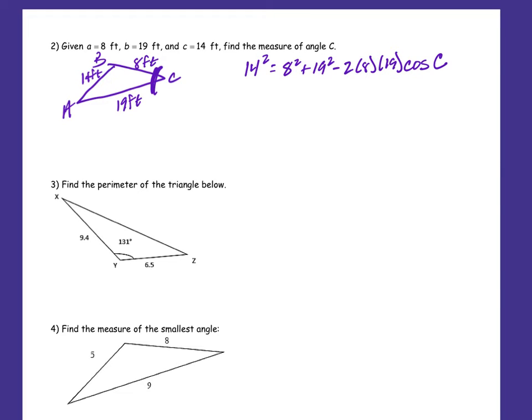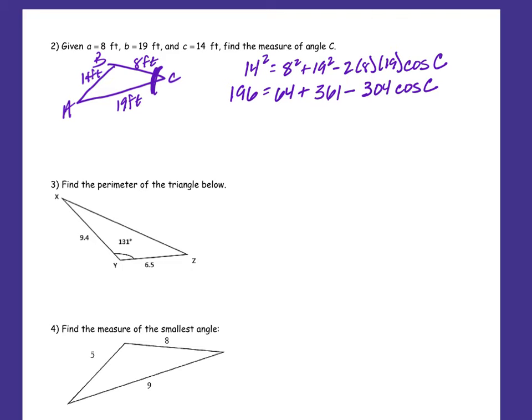Let's see, 14 squared is 196 equals 64 plus 19 times 19, 361, minus 2 times 8 times 19, which is 304, cosine of C. Okay, is everyone okay so far?